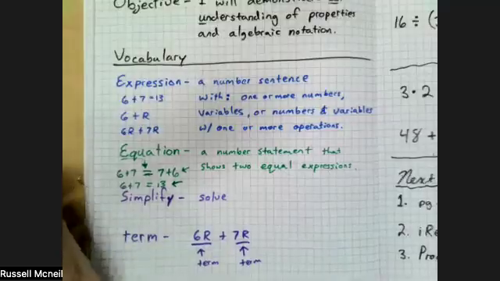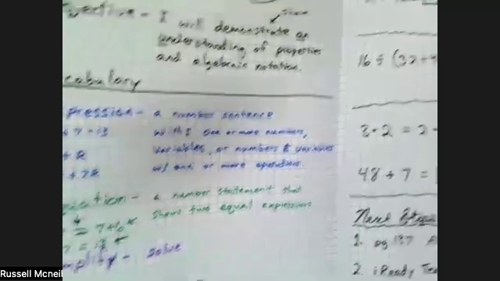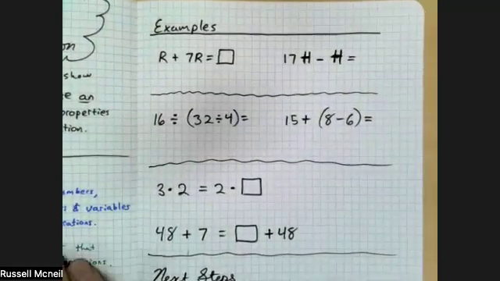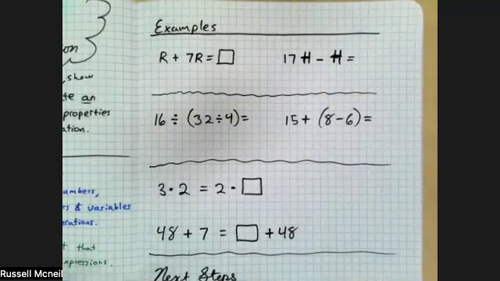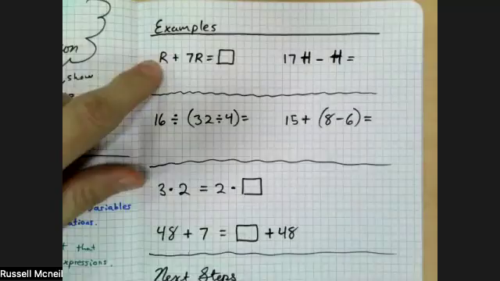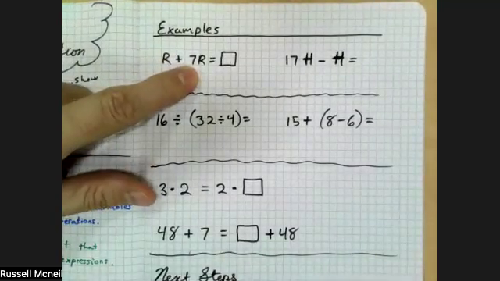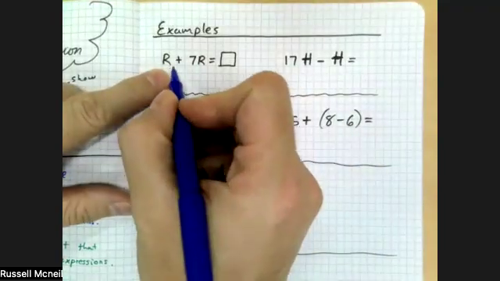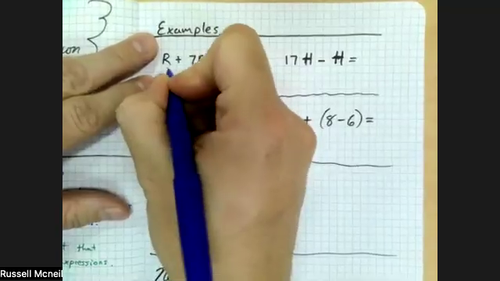All right. Now, if you're not caught up, you feel free to pause. Everyone else, come with me. I've got some examples on the next page. All right, some examples for us to work through. r plus 7r. Now, we don't know the value of r, but we do know that the value here is 7r. So anytime we have a variable on its own, it's going to be like 1r.